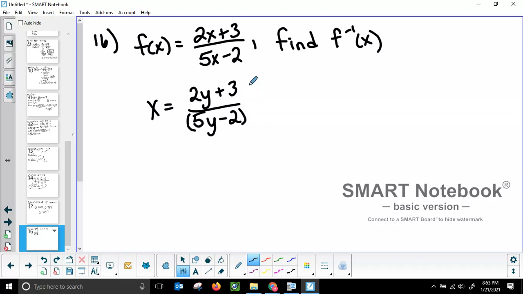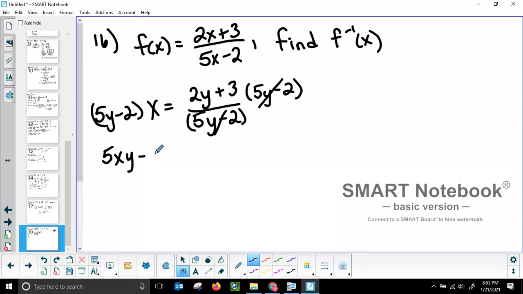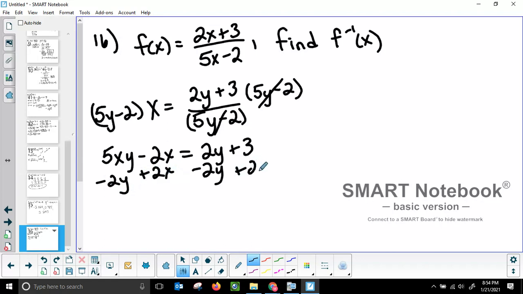First I'm going to multiply both sides by 5y minus 2. Then I distribute here, so I'll get 5xy minus 2x is equal to 2y plus 3. Then we want to get all of our y's on the same side, so I subtract 2y from both sides, and I add 2x to both sides.